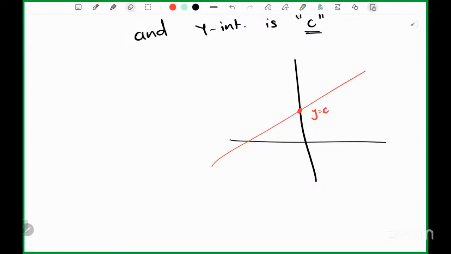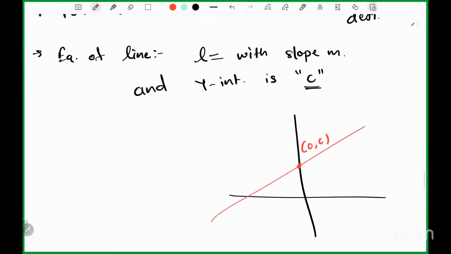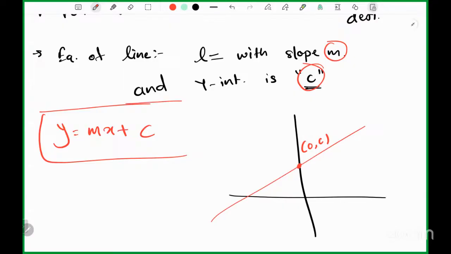The point where the line intersects the y-axis is known as the y-intercept. So if a line L has slope m and y-intercept c, then the equation of this line is given by y is equal to mx plus c. This is known as the slope intercept form.